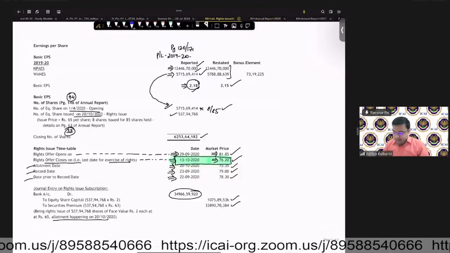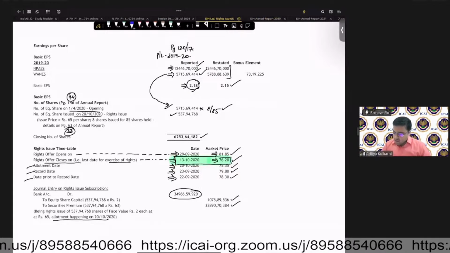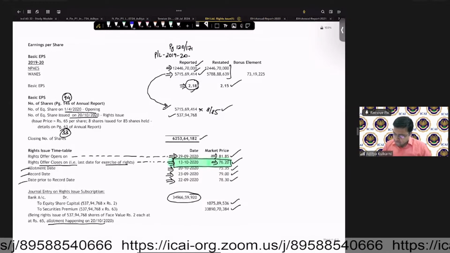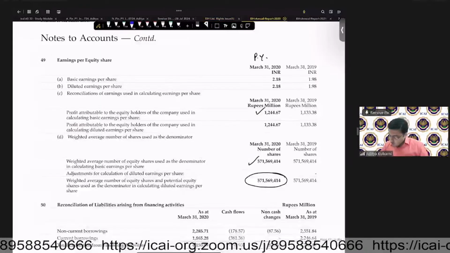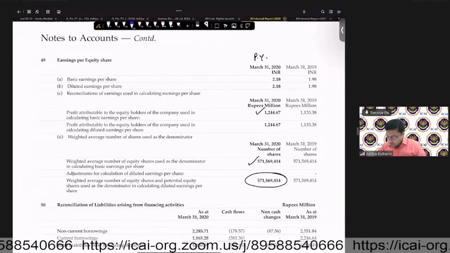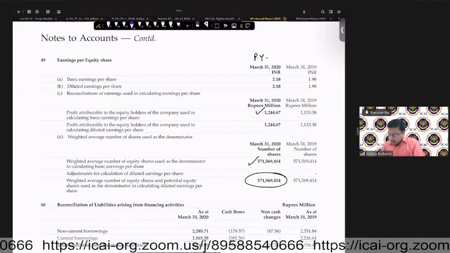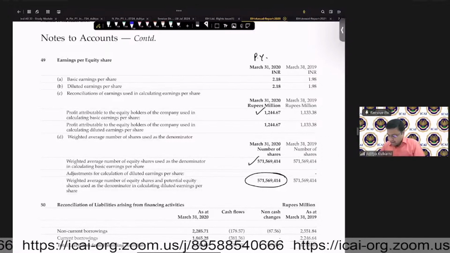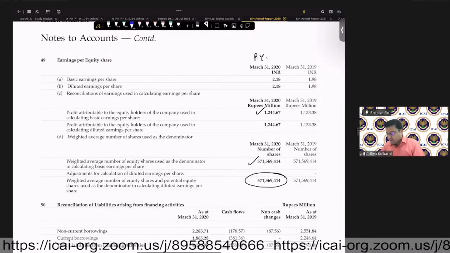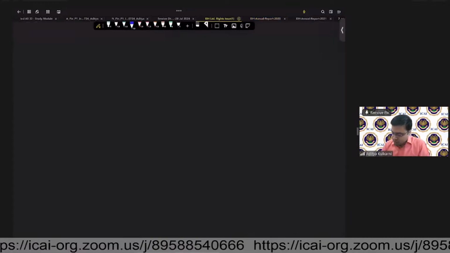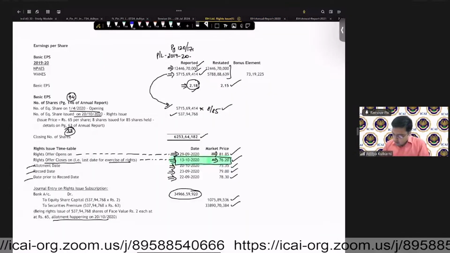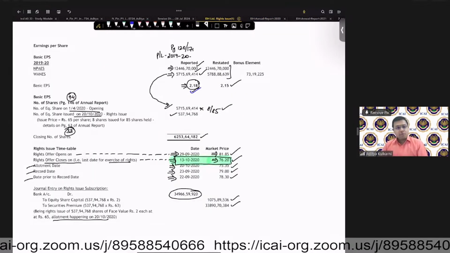So coming to 1920, your reported profit is 1,244.67 million, and the number of shares in existence is 571,569,000. So that comes to a reported EPS of 2.18.